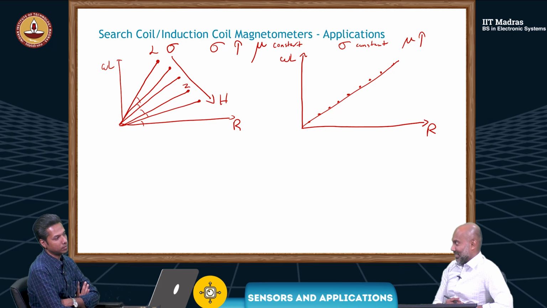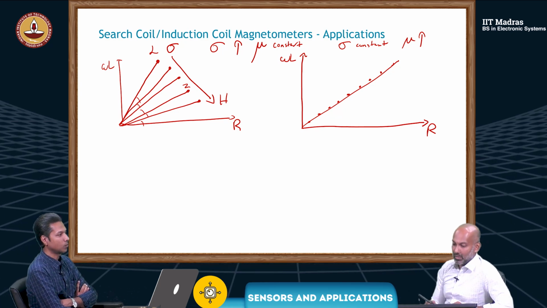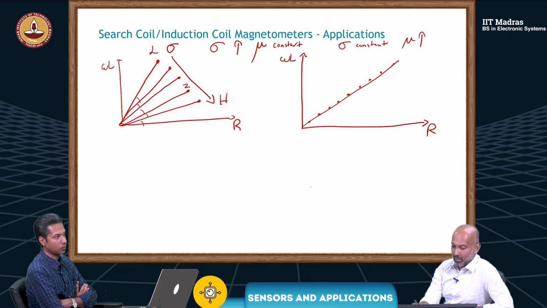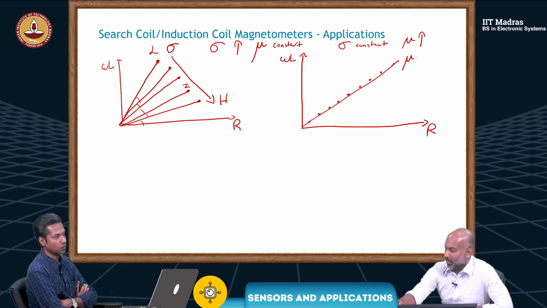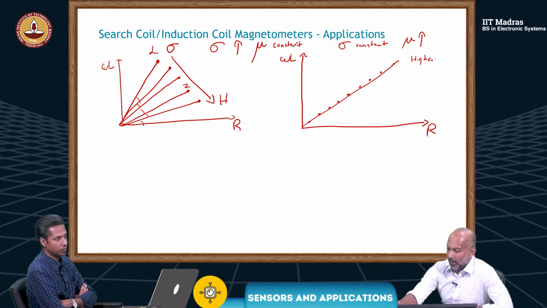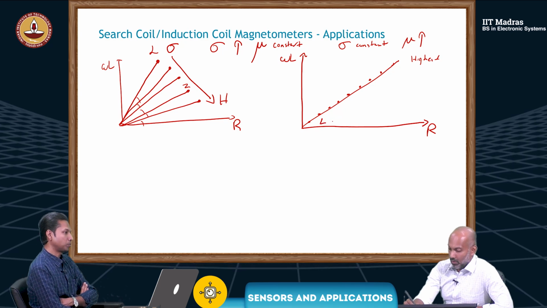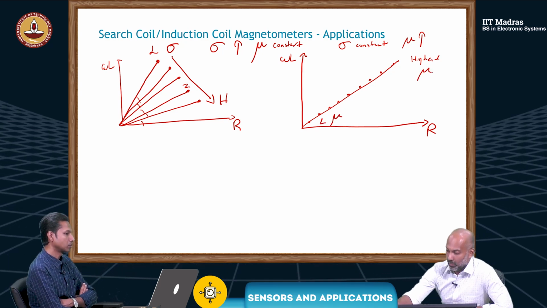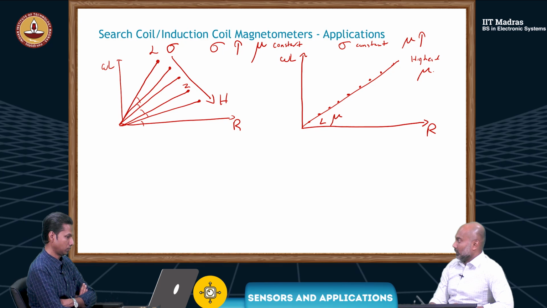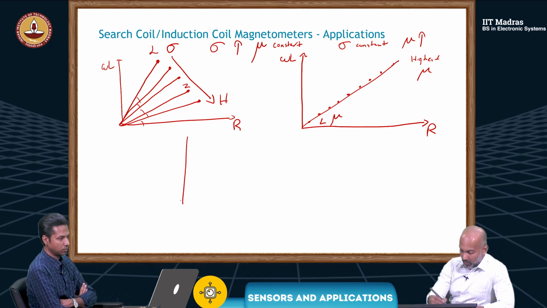Exactly. As we increase permeability, it's the opposite. So here you have the highest permeability and here you have the lowest permeability. Is that correct?